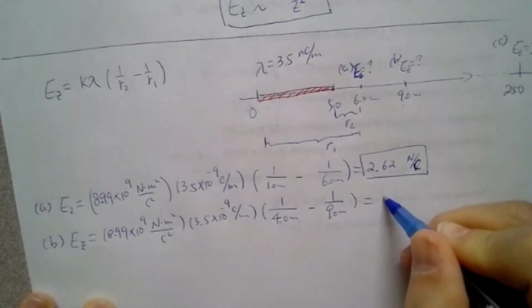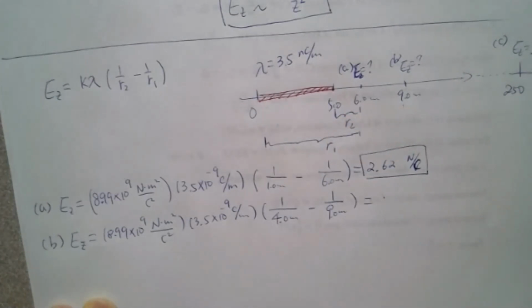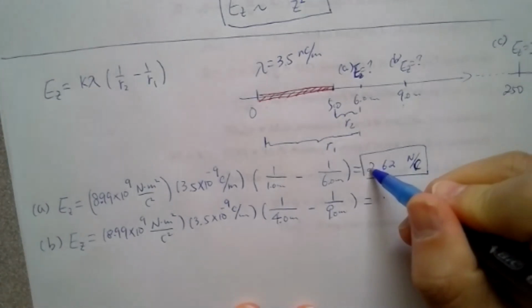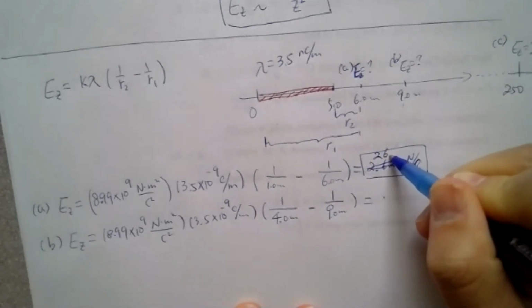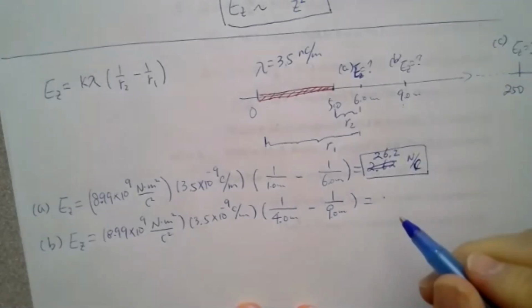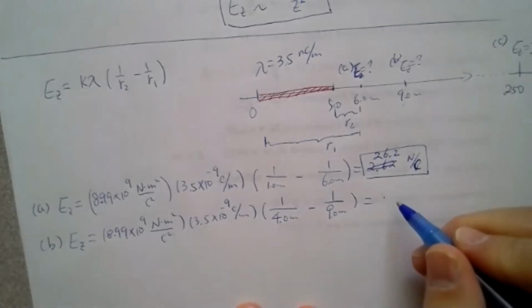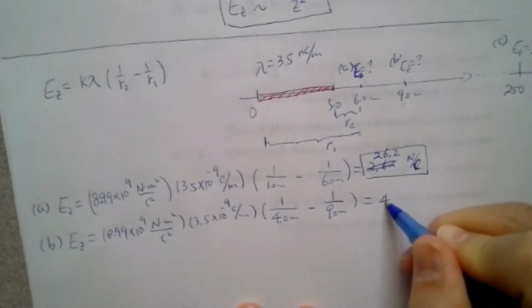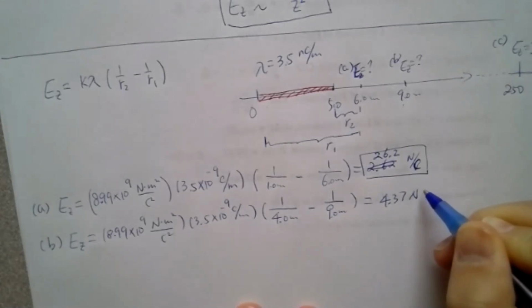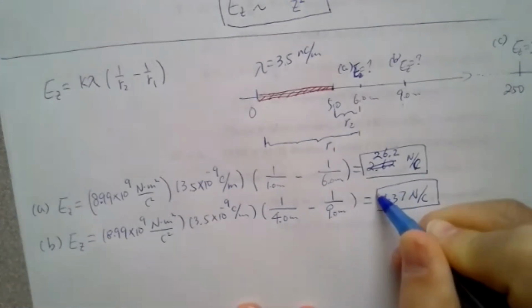This will give you, let me see, on my first one this should be 26.2. Sorry about that, that's 26.2. On this one, this will be 4.37.